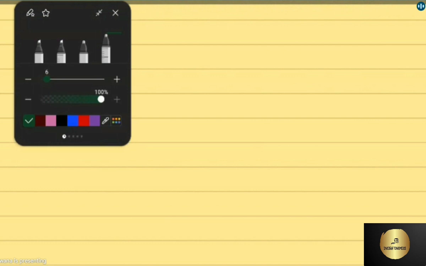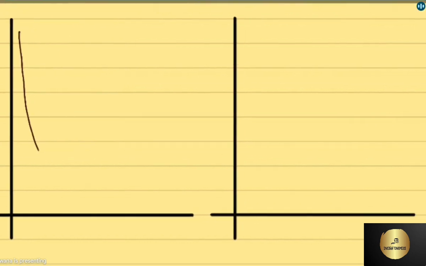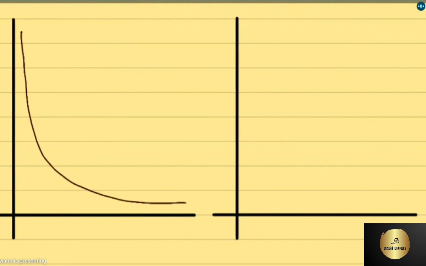Now let me tell you a little bit about the basics. Non-linear curves are of many types. Just to make you understand, suppose this is your demand curve. This is non-linear, or you might have this kind of demand curve.